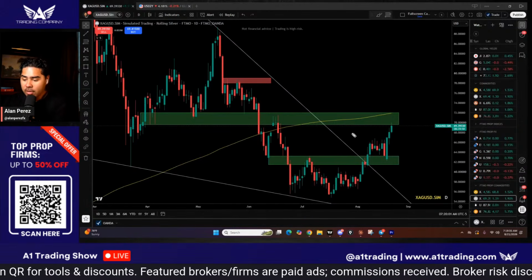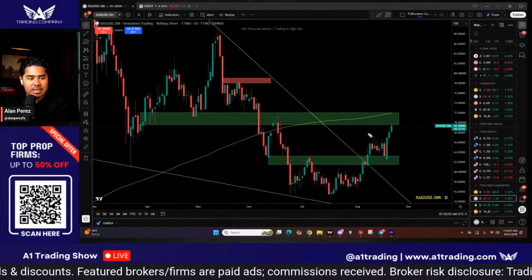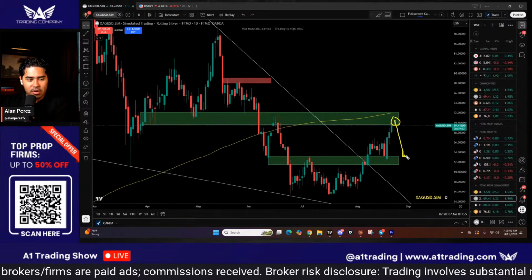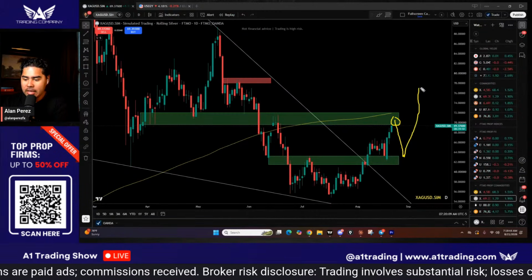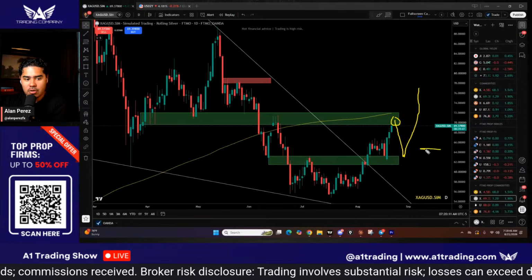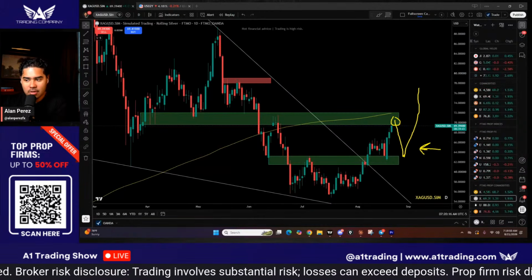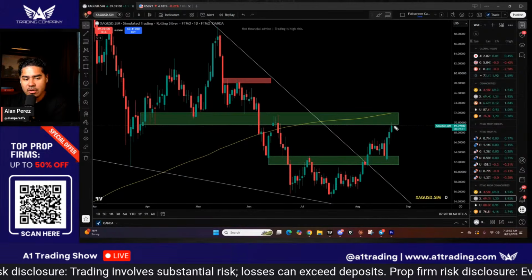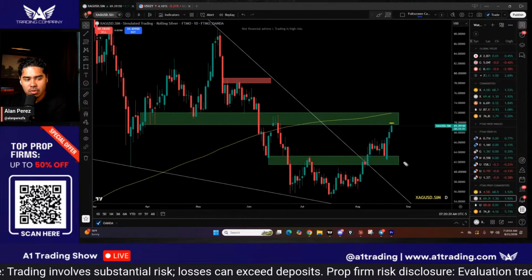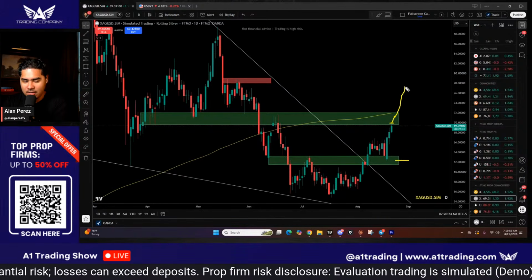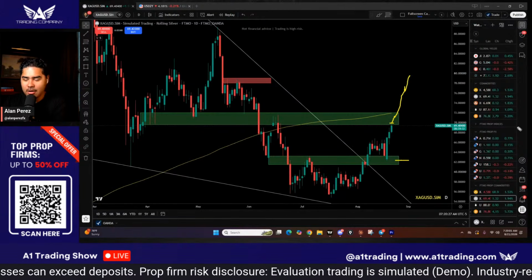So the problem with that is that if you were to short into the pullback and then repivot and go higher, you don't know if the pullback's ever going to happen. You don't know if it's going to happen. And if you short because you want the pullback to this level, well, what happens if it just keeps going higher and higher and higher, right?